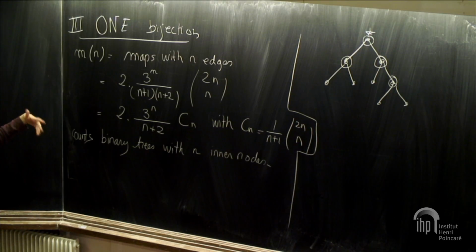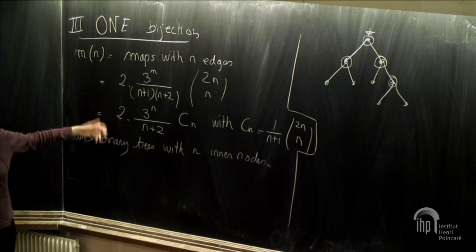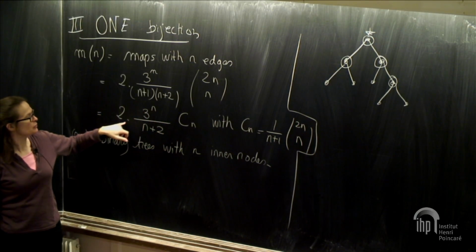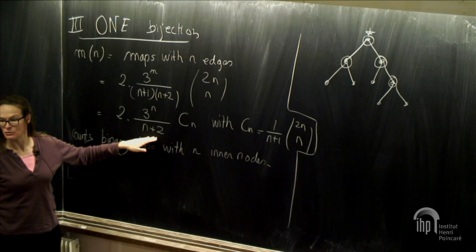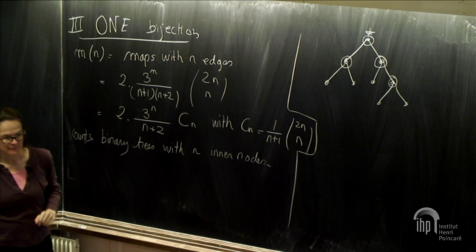Question: could we explain this formula combinatorially? That is, can we take a tree and do something in 2 times 3 to the n ways and obtain n plus 2 times every map of size n?